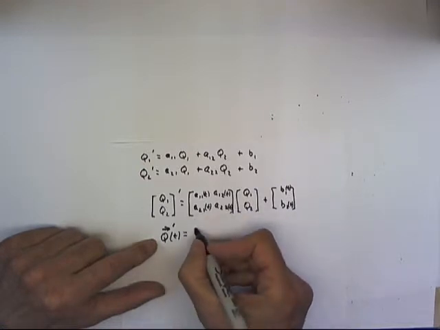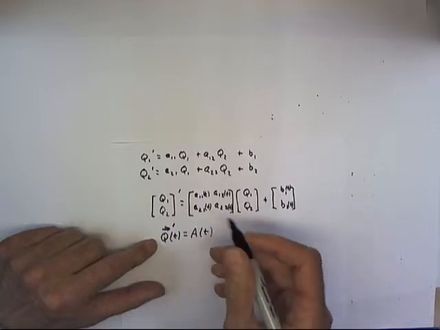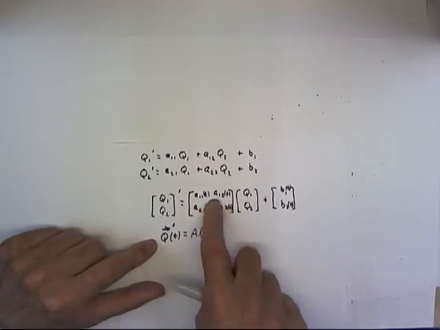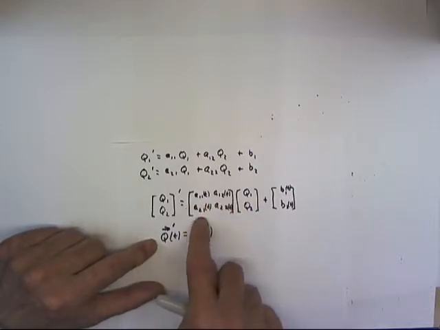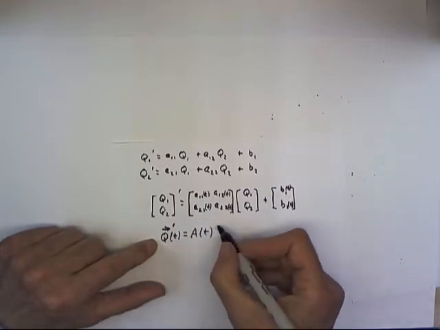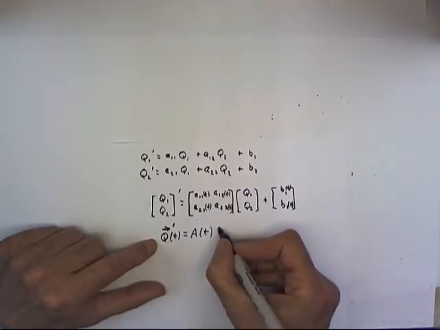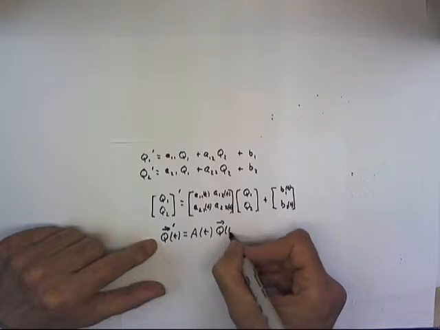This matrix I'm going to call A of t, a fairly natural thing to call a matrix whose coefficients are A11 through A22, and that's multiplied by the Q of t vector.